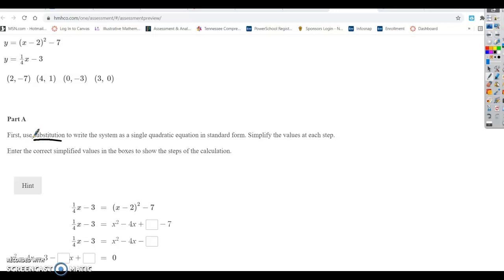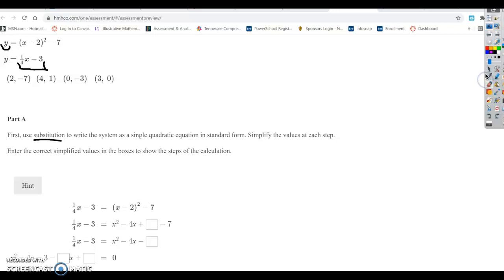So if we have an equation that says this is equal to y, we can substitute that in the first equation. You can see 1/4 x minus 3 equals, this right here is just them substituting the second equation into the first equation.